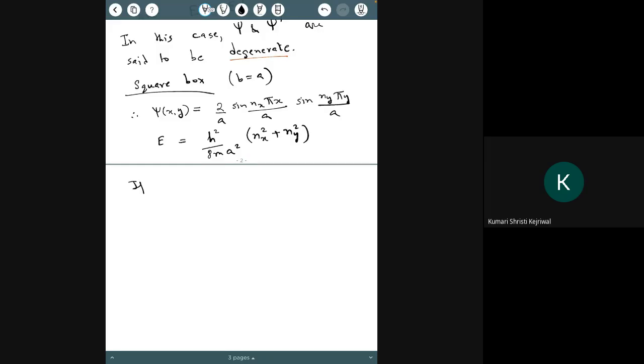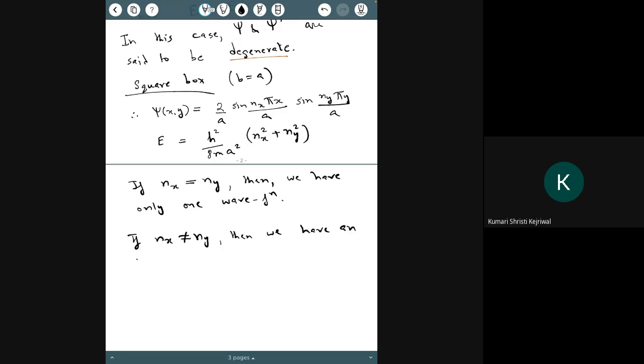Now if nx is equal to ny, then we have only one wave function, right? But if nx is not equal to ny, then we have an obvious degeneracy, which is what?